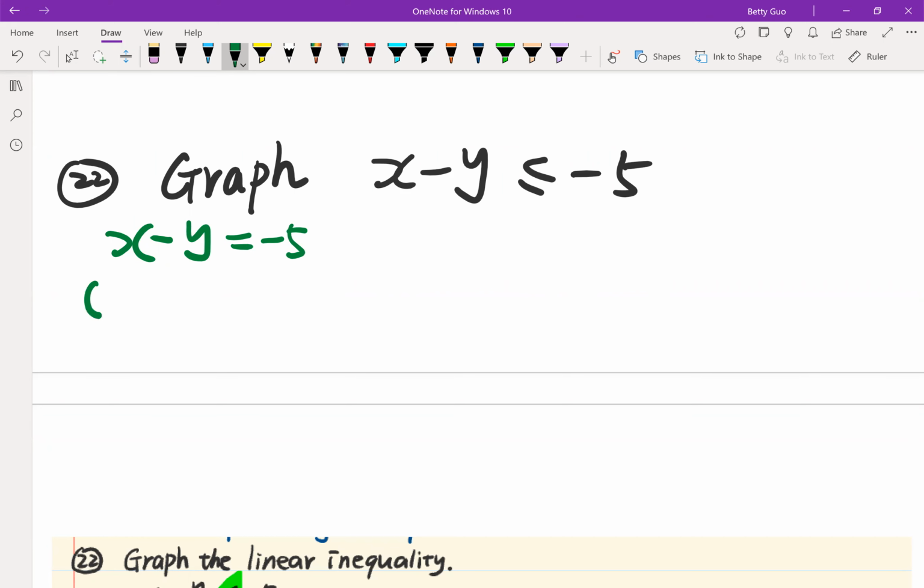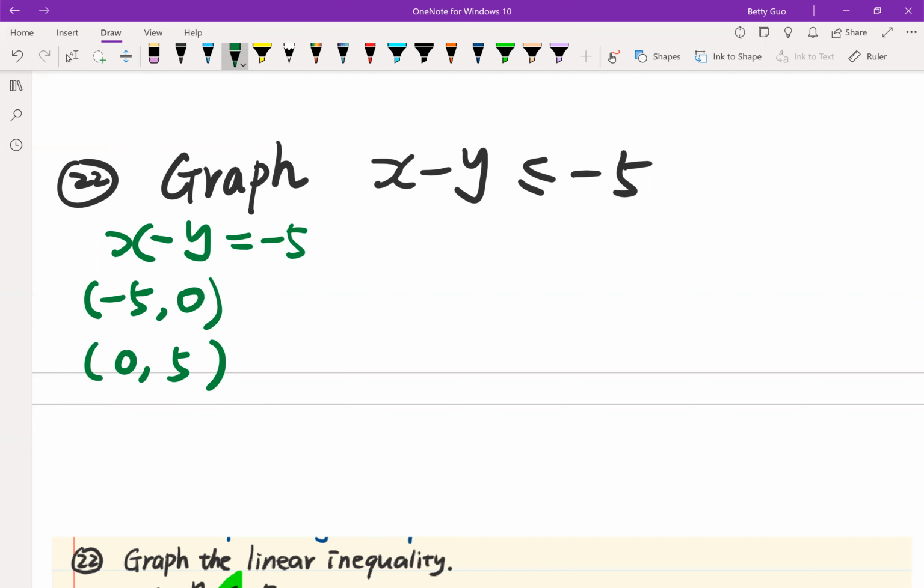So how do we graph it? You can find a different method. The way I'm going to do it is I make y be 0, and I see x equals -5. If I make x be 0, I see y equals 5. Since this equation is in standard form, I find the x-intercept and y-intercept in order to graph it.